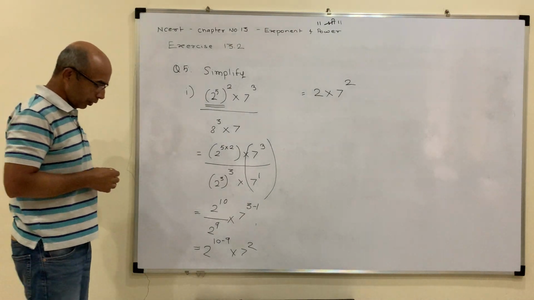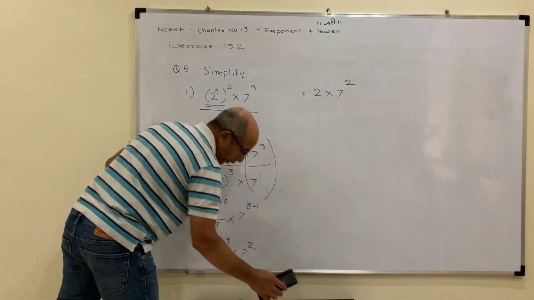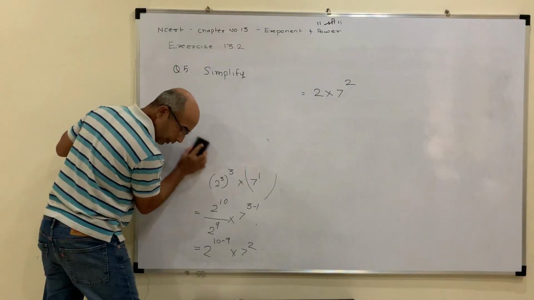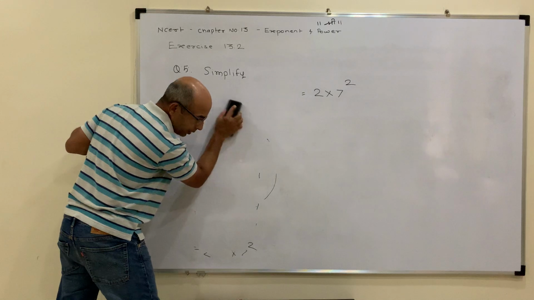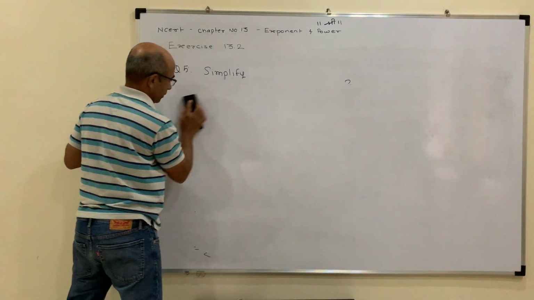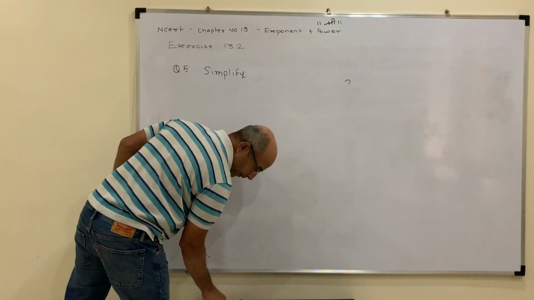Now let's move on to the next one. 25 into 5 square into 2 square. 25.